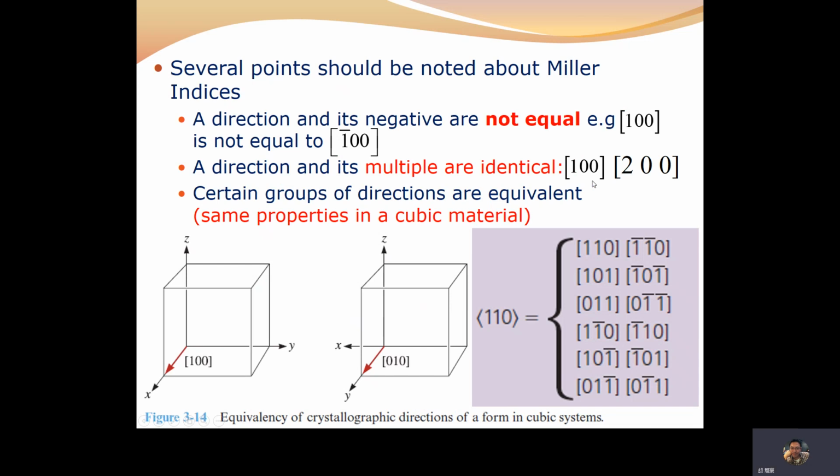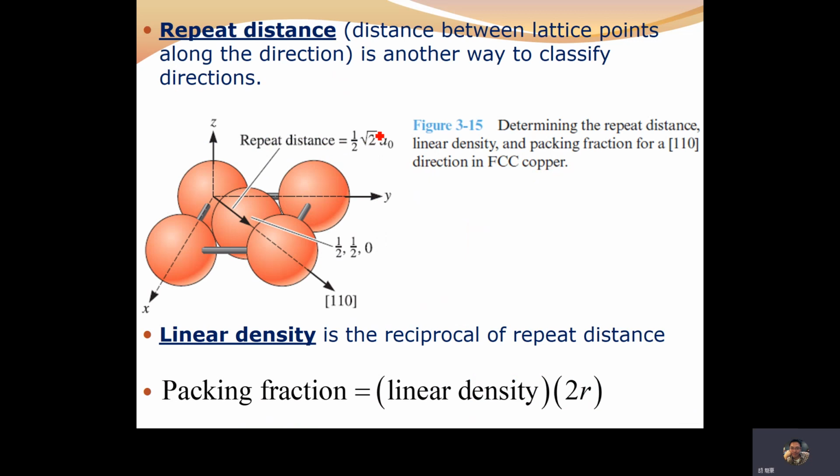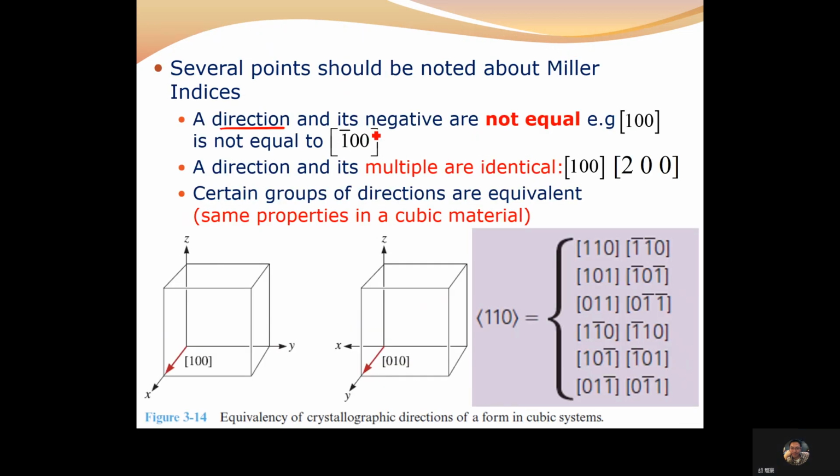Several points should be noted about Miller indices. A direction and its negative are not equal. Therefore, 111 and 1 bar 11 are not equal. And a direction and its multiple are identical. Therefore, 100, 200, and 300 are identical.